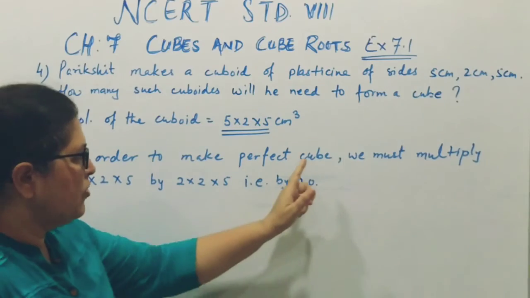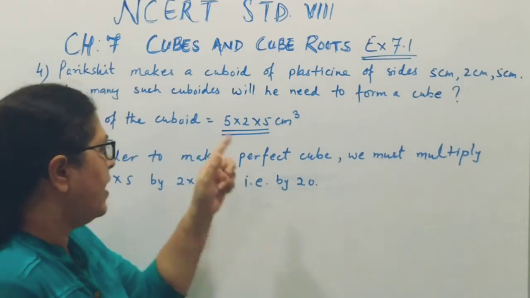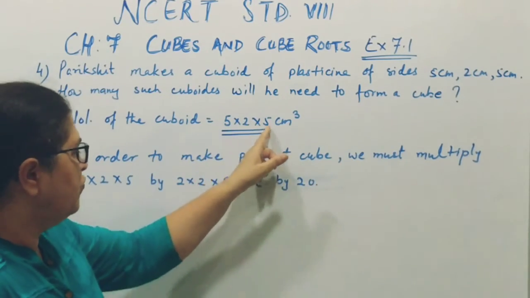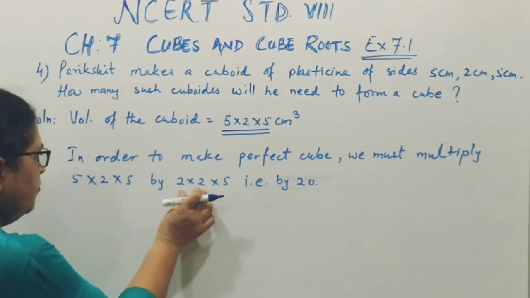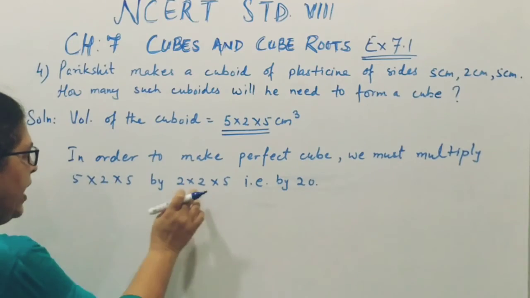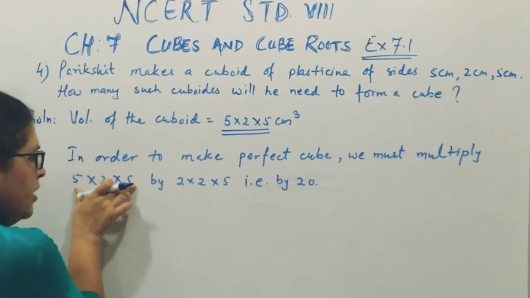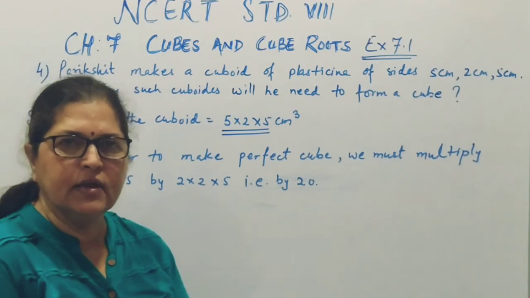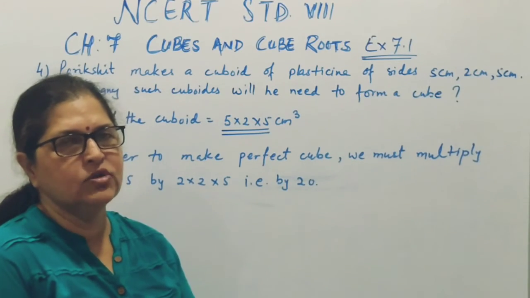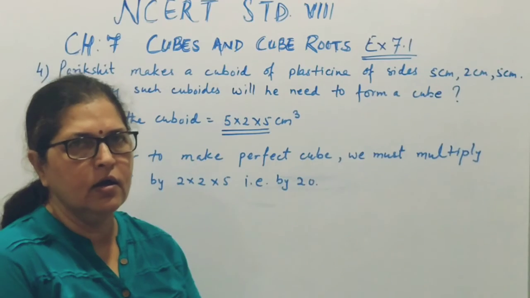In order to make a perfect cube, we must multiply 5 into 2 into 5 by 2 into 2 into 5. These 2's will complete the triplet of 2 and this 5 will complete the triplet of 5's, that is by 20. Hence we need 20 such cuboids to make a cube.